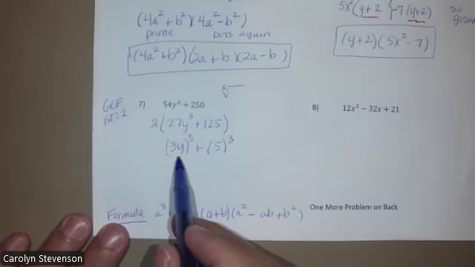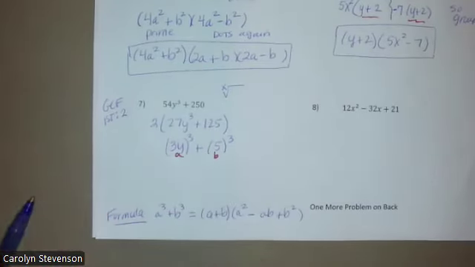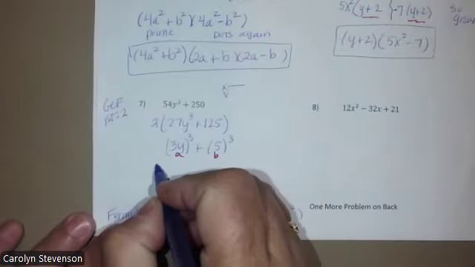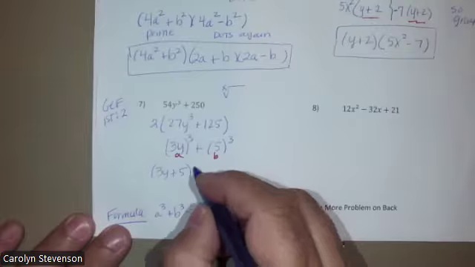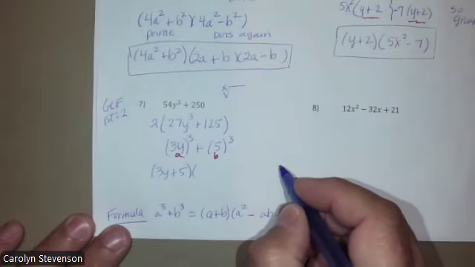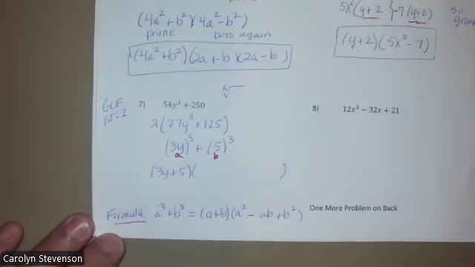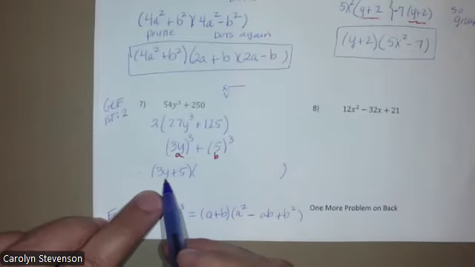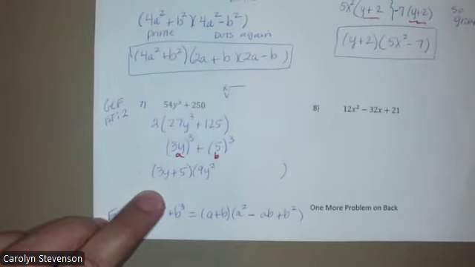So the first factor, this is your A, and that's your B. So 3y plus 5. This is the only factoring problem type where we get a binomial for one part and a trinomial for the other. So we're going to square what's here, both parts, 9y squared.